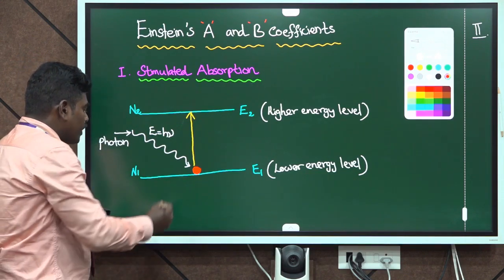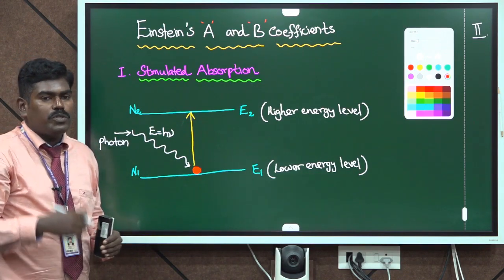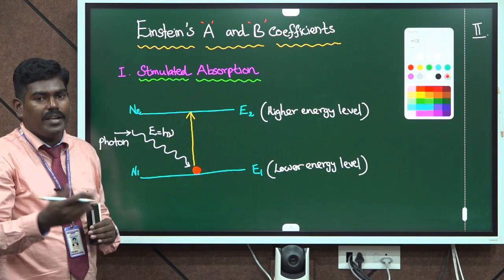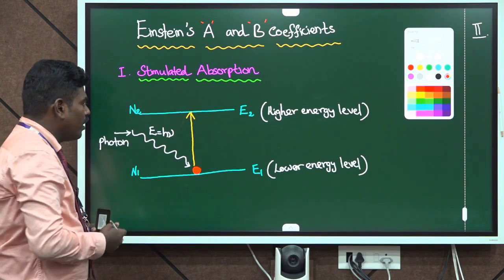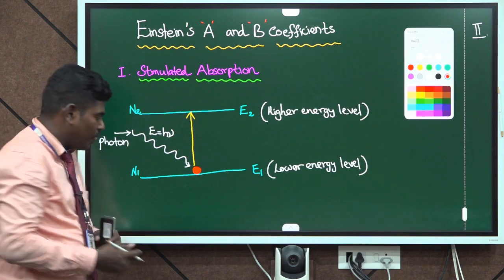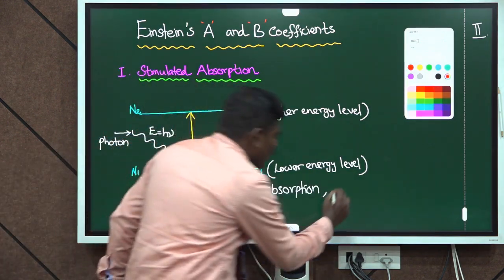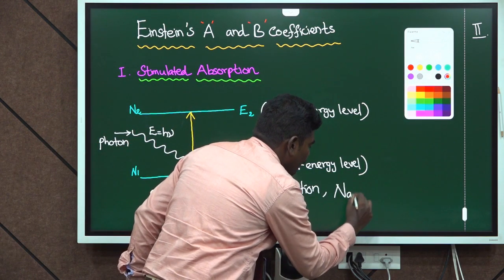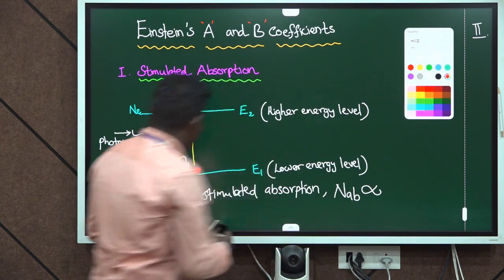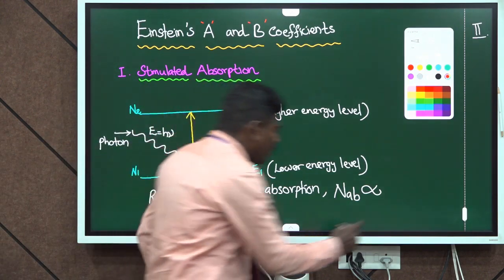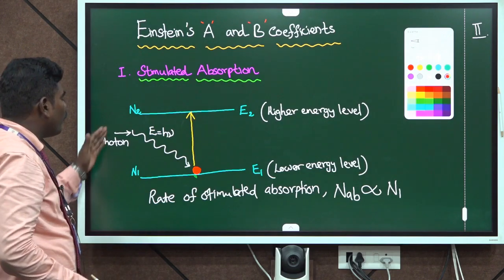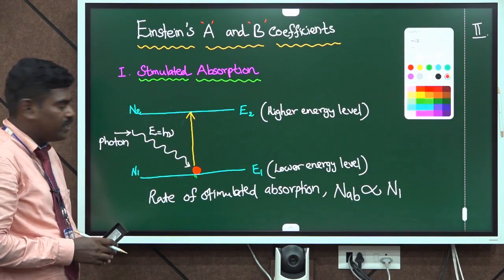In this derivation, we have to relate stimulated emission and spontaneous emission. So first we take the rate of stimulated absorption. The rate of stimulated absorption, NAB, is directly proportional to the number of atoms in the E1 energy level, N1, and the external photons incident on the ground state atom.